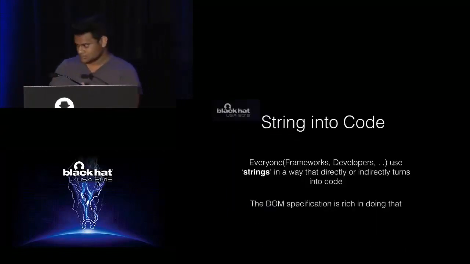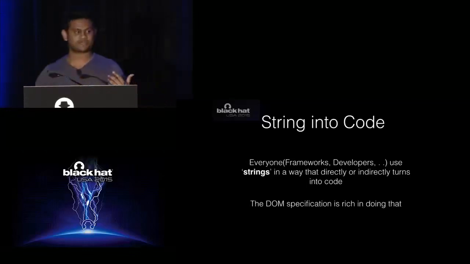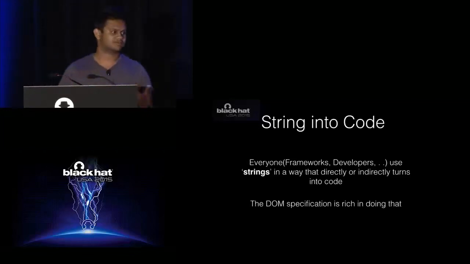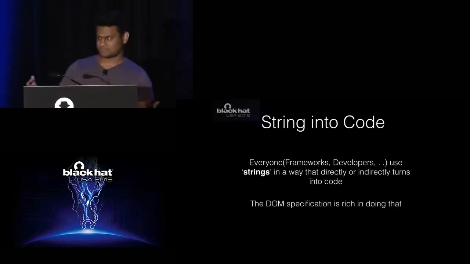Why do these kinds of problems come into existence? It's a common software engineering problem, or I would like to say the printf anti-pattern, where you try to mix code and strings together, and you end up with problems like this.